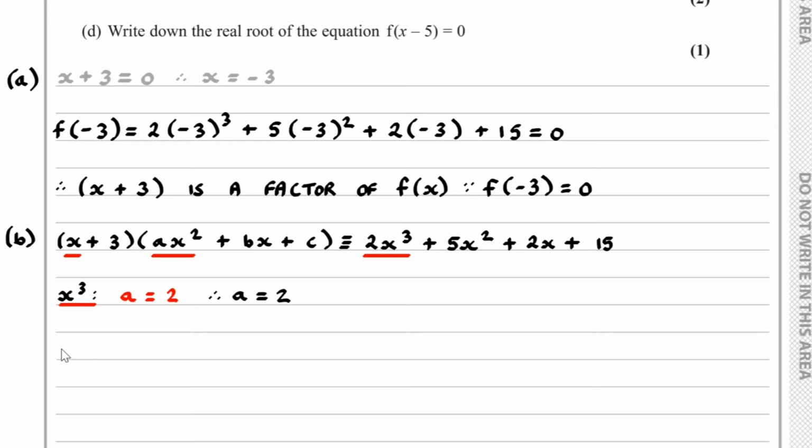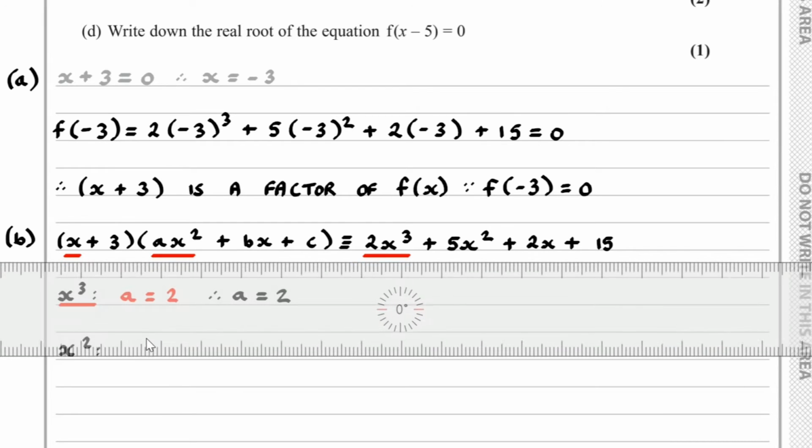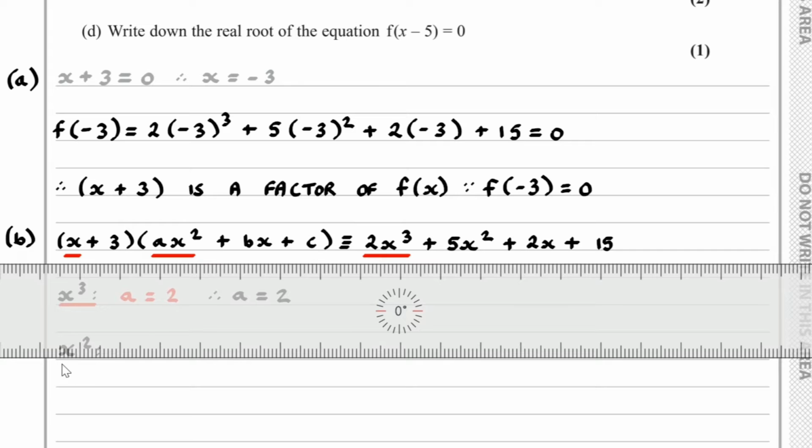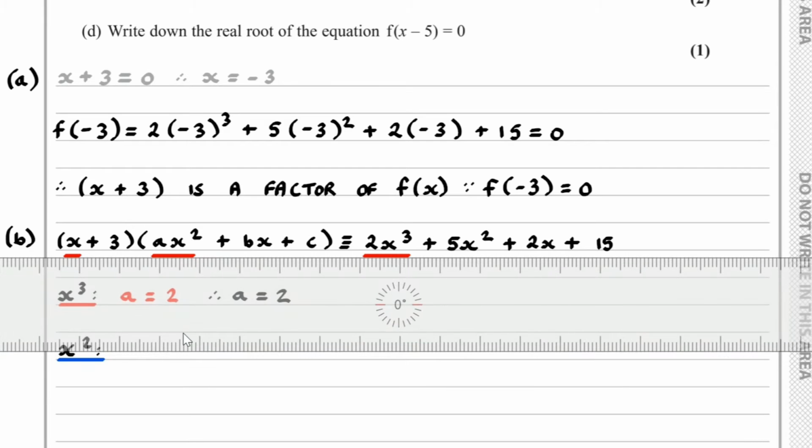If we now take a look at the x squared terms, what multiplies to give an x squared term?